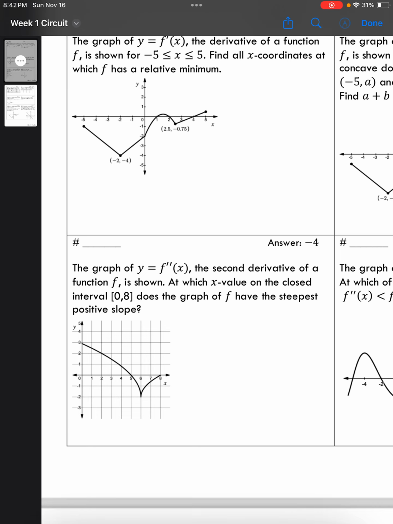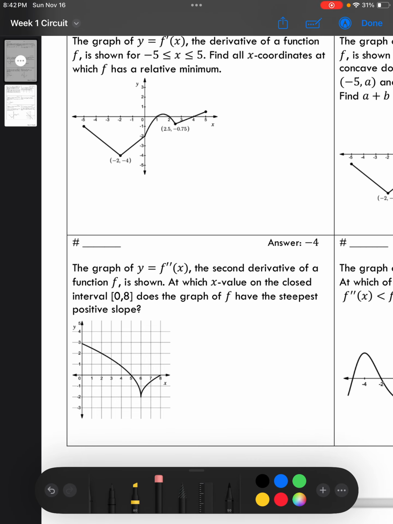The graph of f double prime, the second derivative of function f, is shown. At which x value on the closed interval 0 to 8 does the graph of f have the steepest slope? So the graph of f has the steepest positive slope.